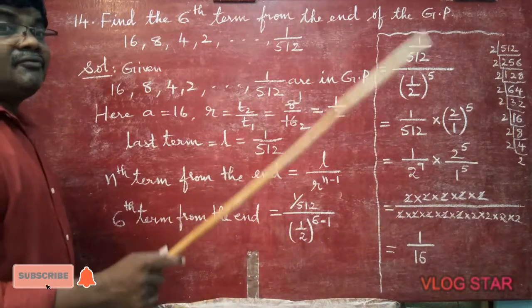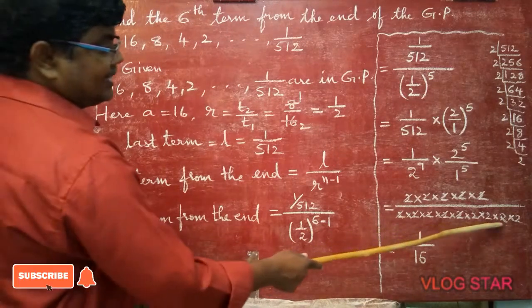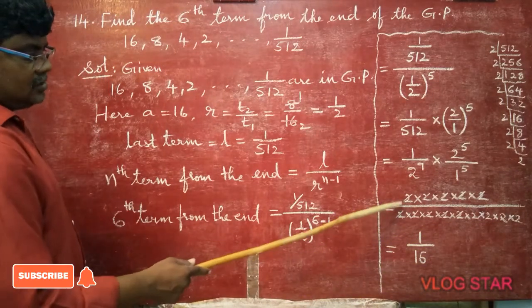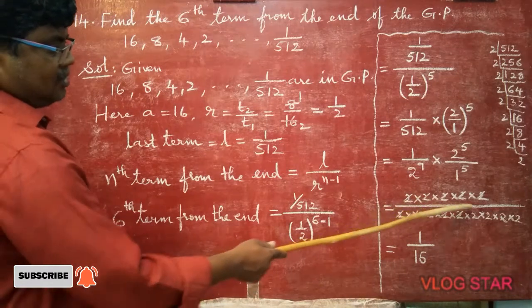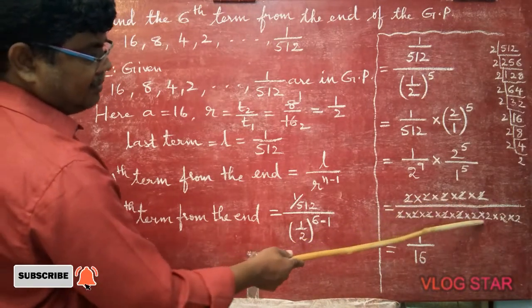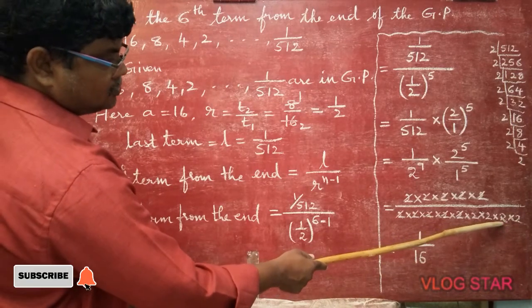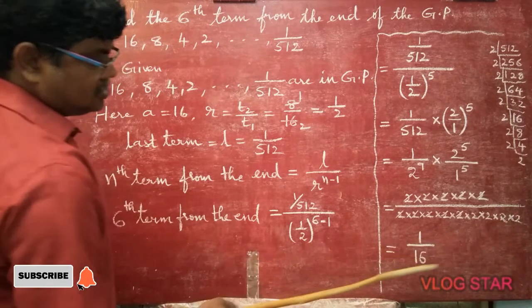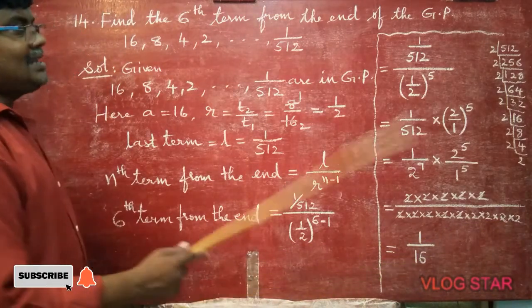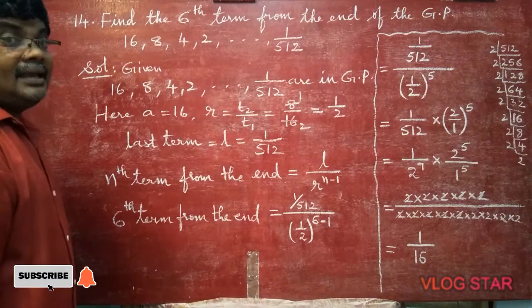You write 2 five times. 2 to the power of 9 means you write 2 nine times. So 2 goes in 2, 2 goes in 1 time each. How many 2s are cancelled? 5. Here also 1, 2, 3, 4, 5. Remaining are 4. 1 by 2 2s are 4, 4 2s are 8, 8 2s are 16. So the sixth term from the end of the GP is 1 by 16.